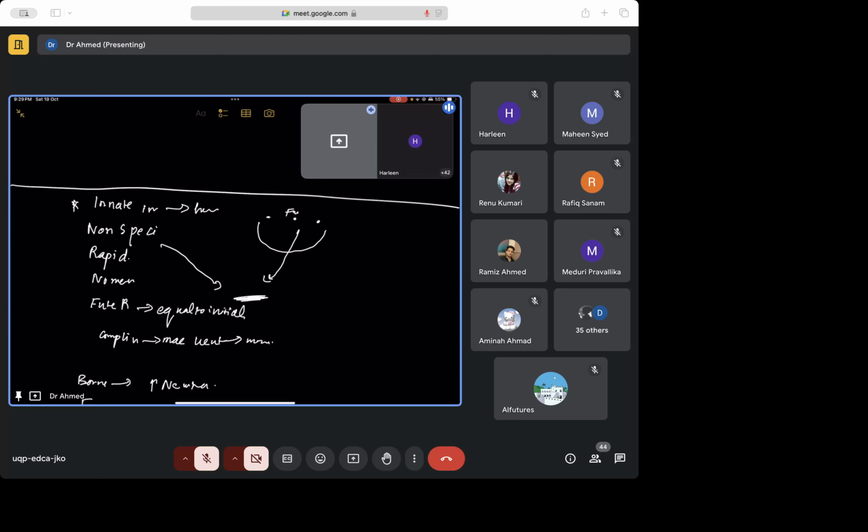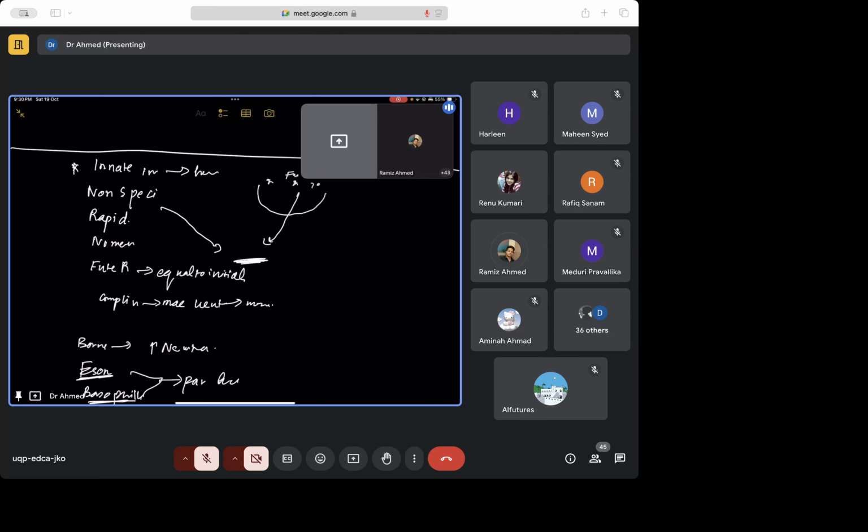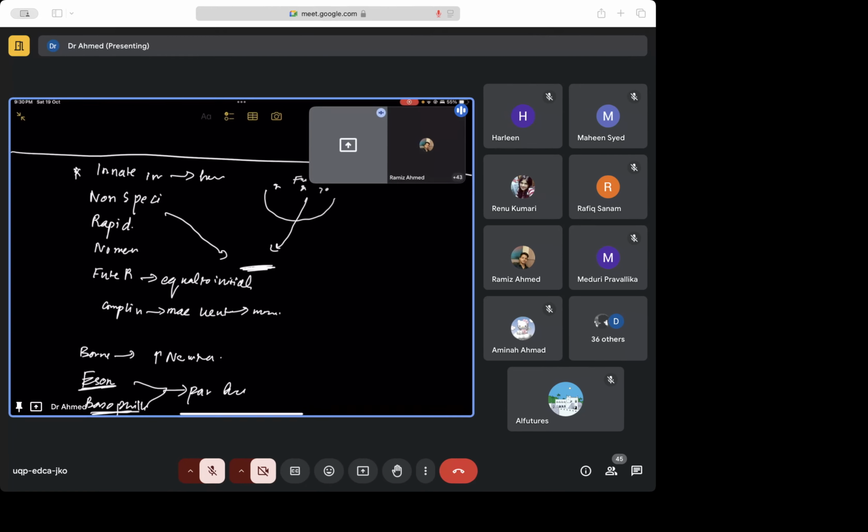For example, if we have three different bugs, it would attack all of these bugs in the same way. They do not have a specific response to specific bugs as we have in the adaptive immune system, which we will be discussing later. Similarly, they do not have memory. If they do not have memory, it means the initial response is equal to the future response.